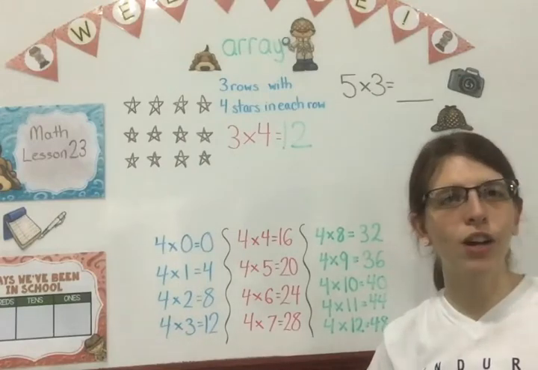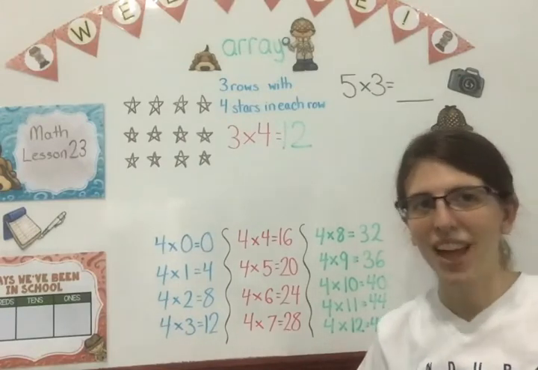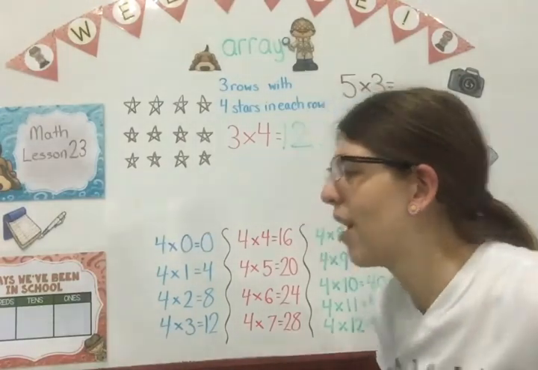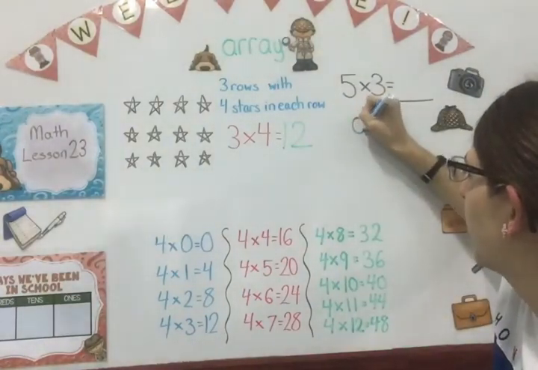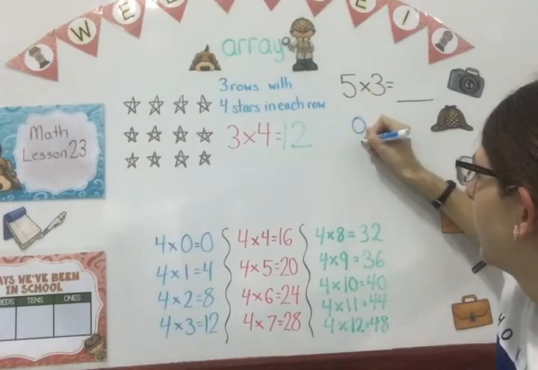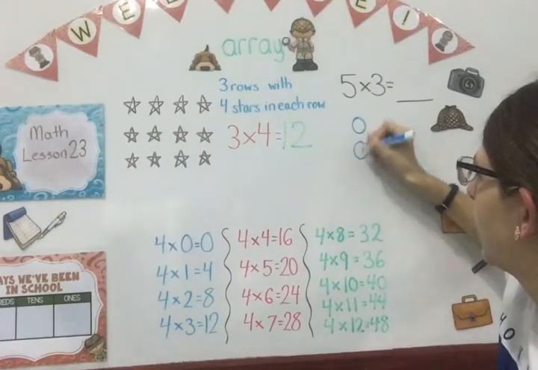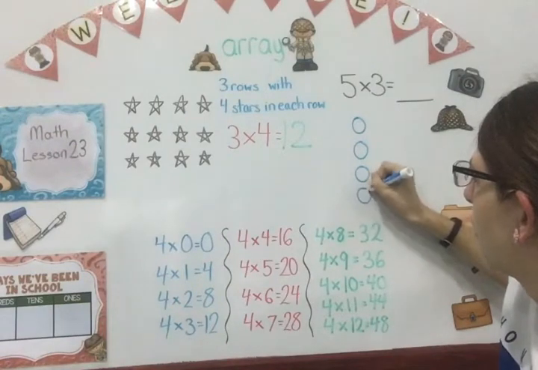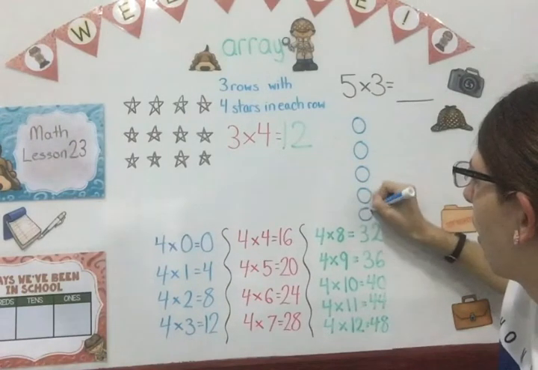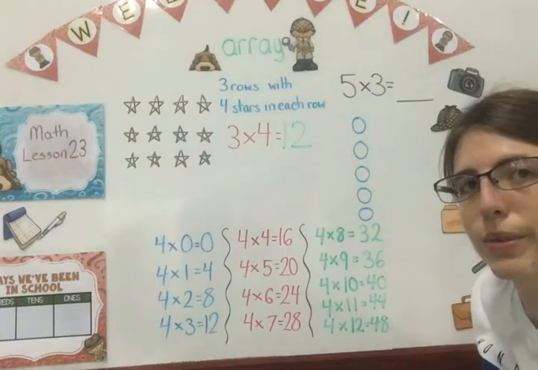And instead of stars, I'm going to do circles this time. So I'm going to show 5 rows of circles with 3 in each row. So I'm going to do 1, 2, 3, 4, 5 rows.